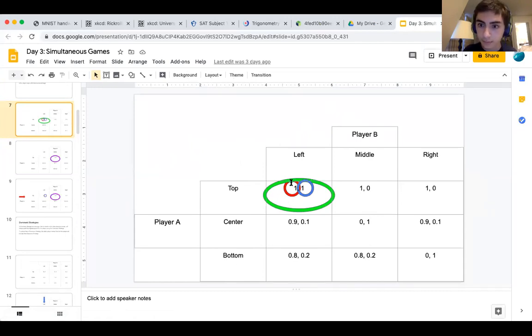So it's not good for him. And the same is true for player B. If player A sticks with top and player B switches from left to middle or right, then player B is going to lose payoff. So it's kind of a state of agreement.